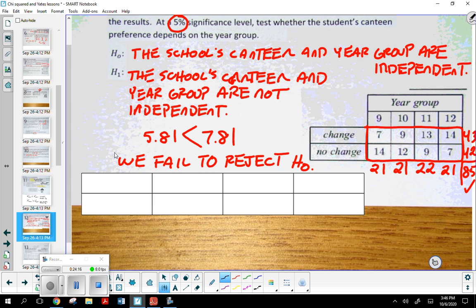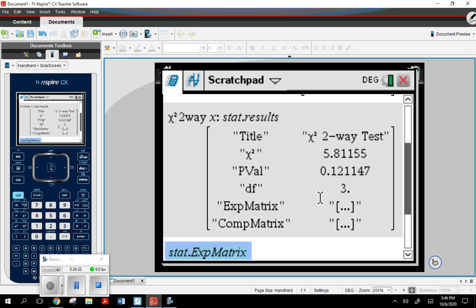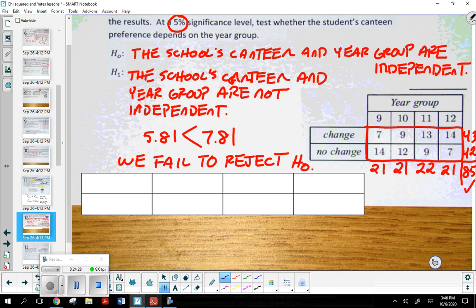But let's confirm this, because remember, there was one other way to do this. What was our p-value? Let's say 0.121. I'm going to take my p-value of 0.121, and remember, we're testing at 5%, so 0.05. So what's larger, 0.121 or 0.05?